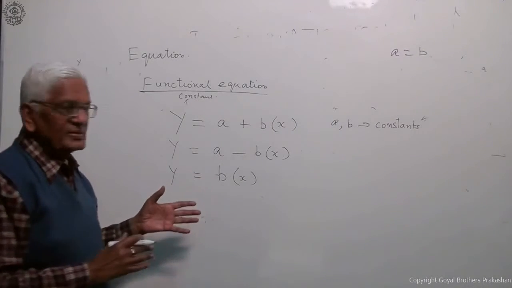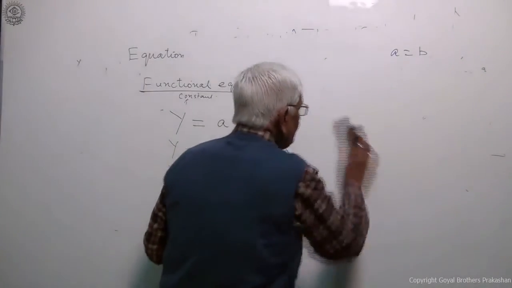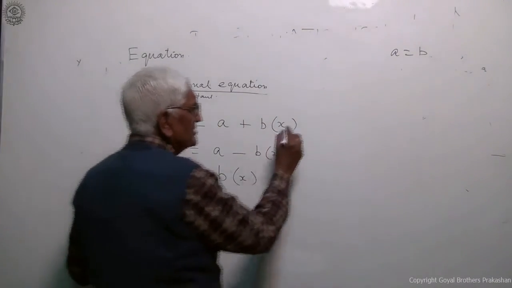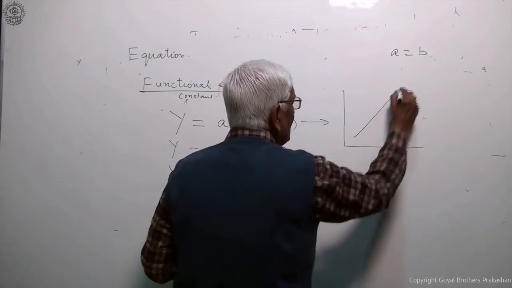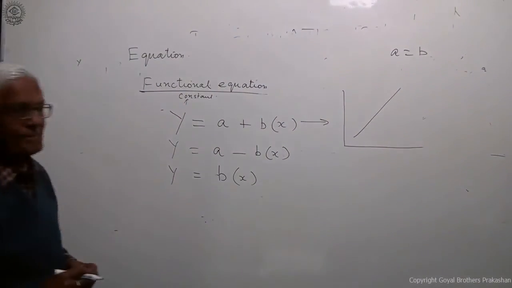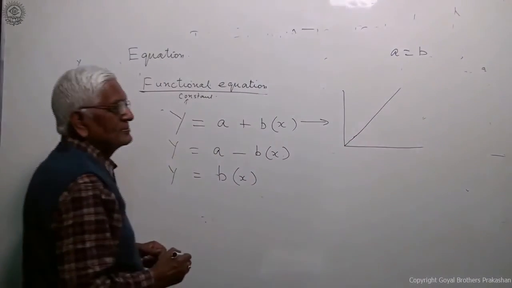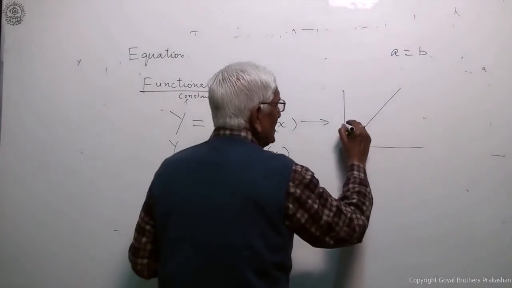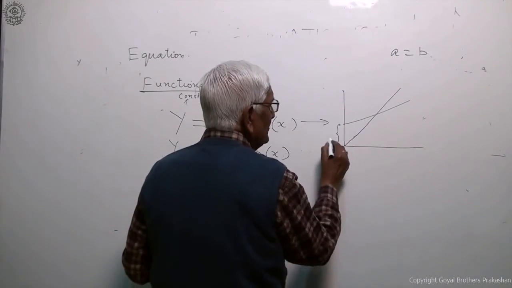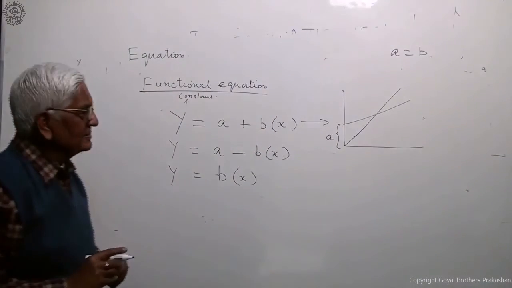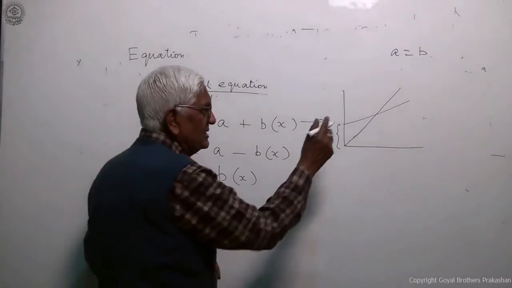Now, what is the difference? This value is true in case of upward sloping curves. Let us start it from here. Now, suppose there is another curve like this. Then this is the value of a. How do we say that this is the value of a if we take this curve?